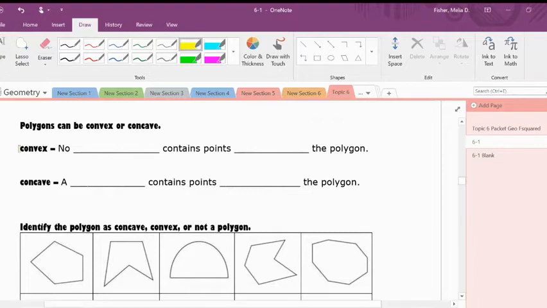A couple more definitions. Convex and concave. These should be review definitions for you, but let's go ahead and talk about what they mean.